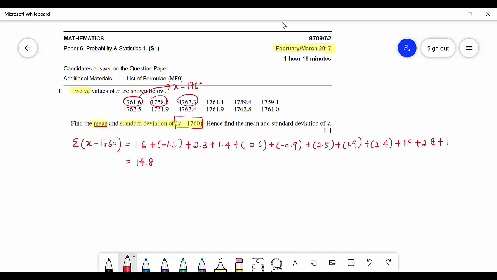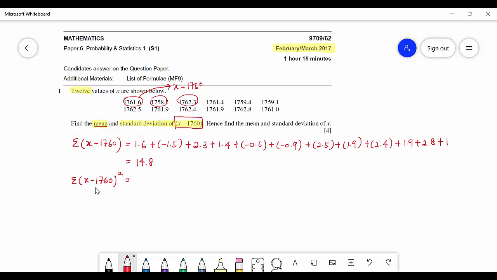All right. So besides the x minus 1760 summation, I also need to get the summation of x minus 1760 squared to calculate the standard deviation or the variance for this set of values, for x minus 1760.